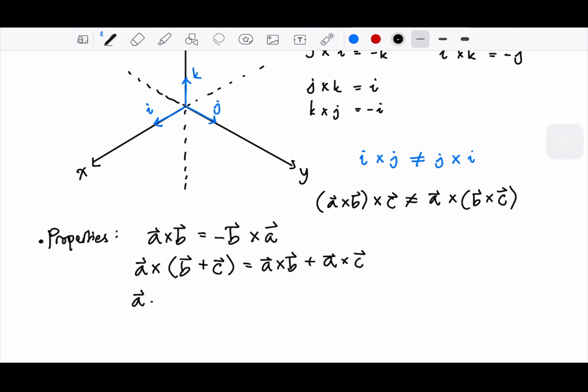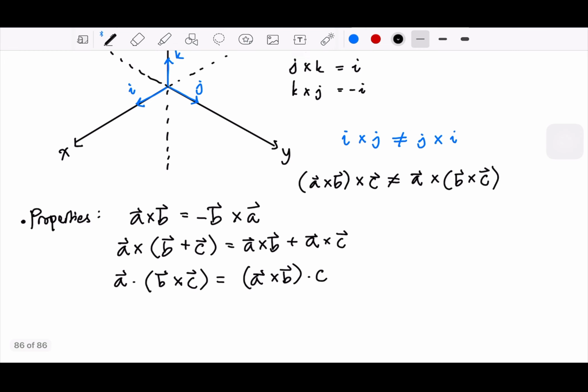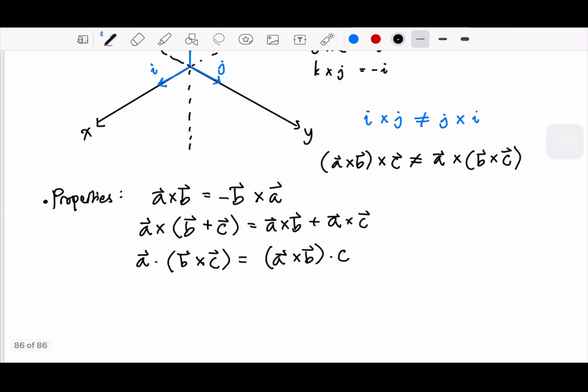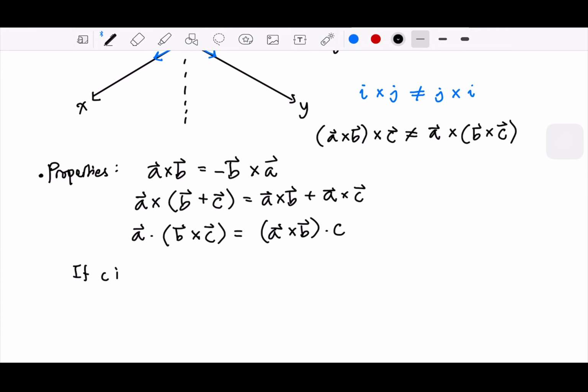And if you want to take the dot product and then take the cross product inside, we can exchange this with A cross B and then dot C. Okay, and then if c is a scalar, so without an arrow, then (cA) cross B is scalar c times A cross B, and that equals A cross (scalar c times B).